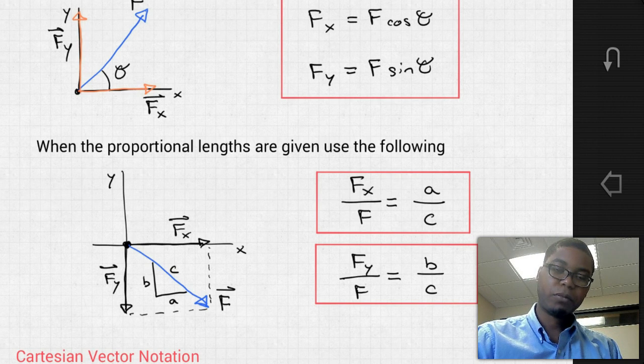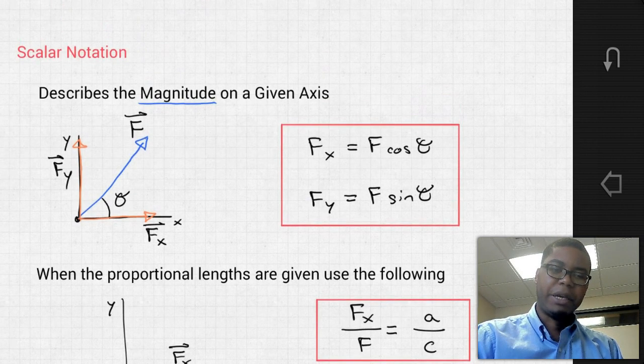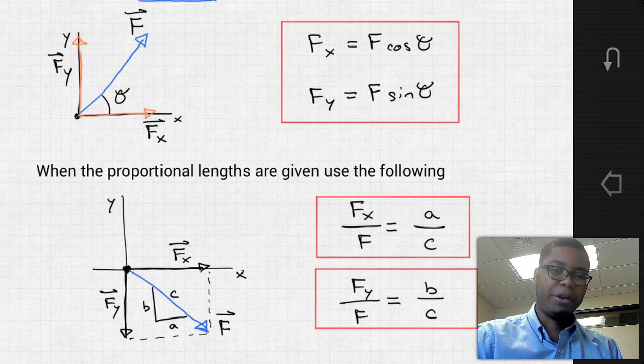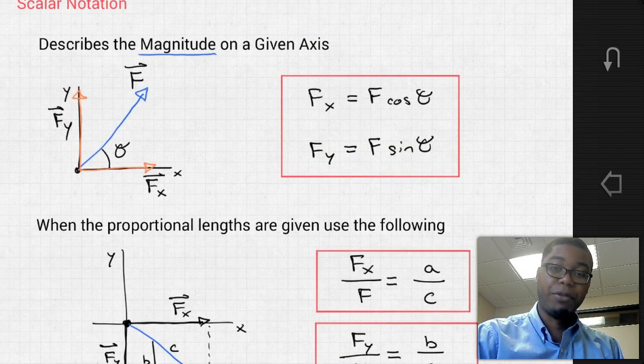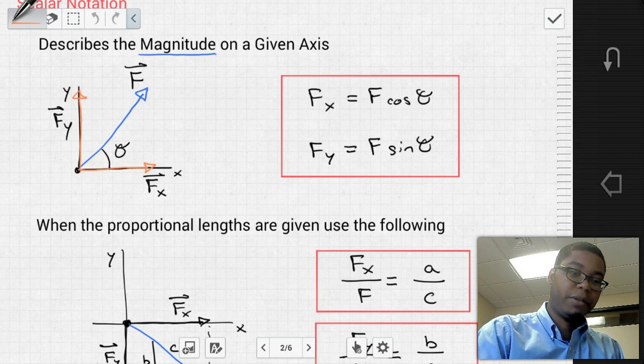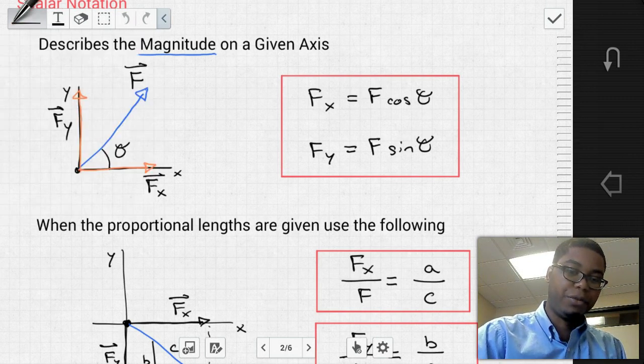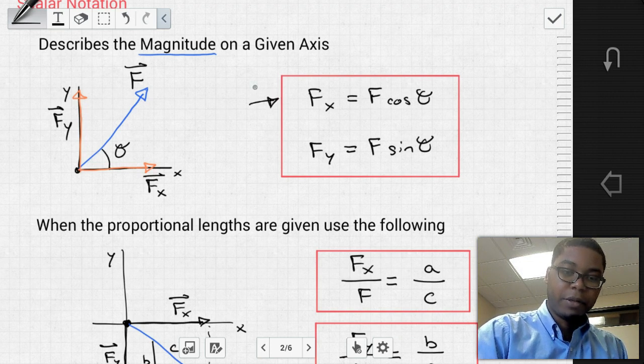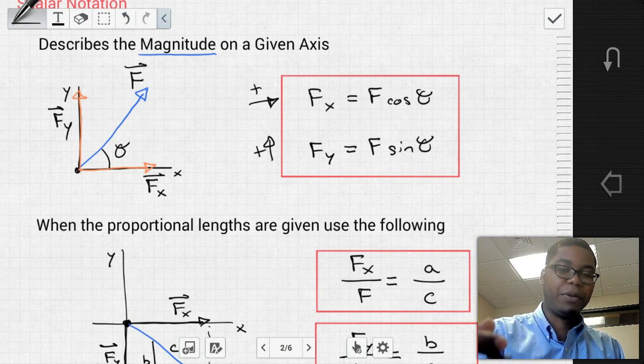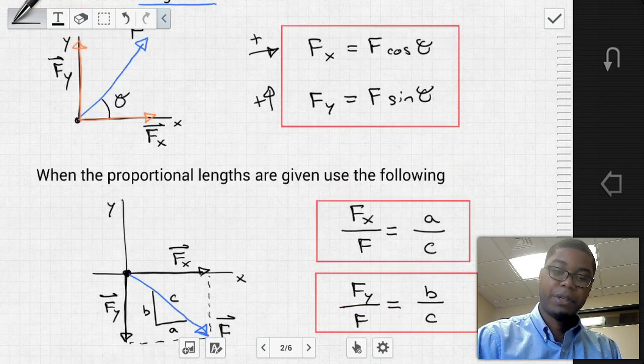Fy. And this is basically scalar notation, where we're using the magnitudes, and in order to describe the direction of the vector we would need to use arrows. So we would describe this as a positive, and this is a positive. In order to describe the sense of direction of these magnitudes, we can put arrows to describe their sense.